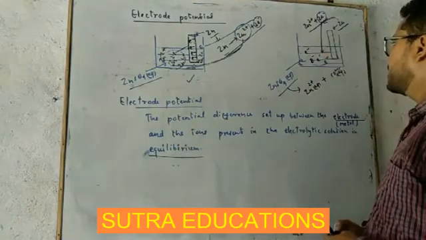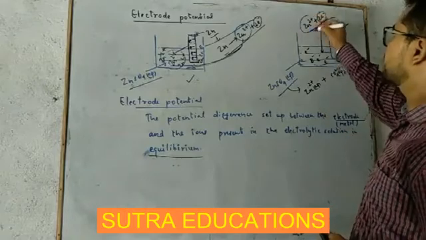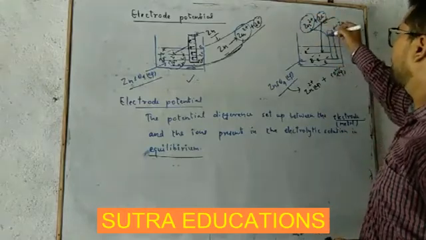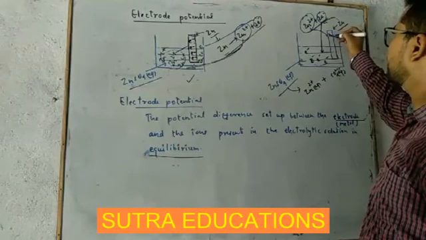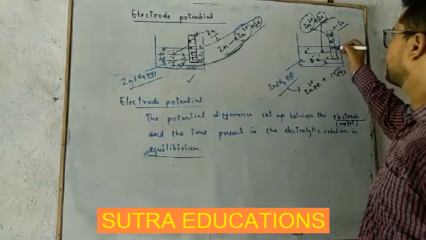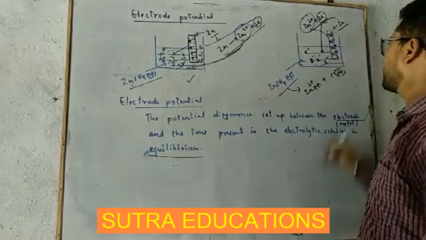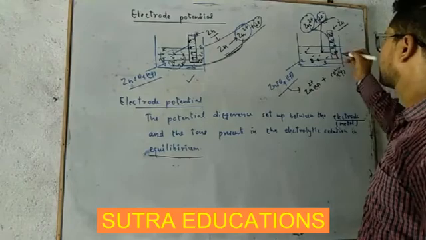Getting this? And the Zn2+ will accumulate over this metallic rod. Getting this or not? This is Zn2+.